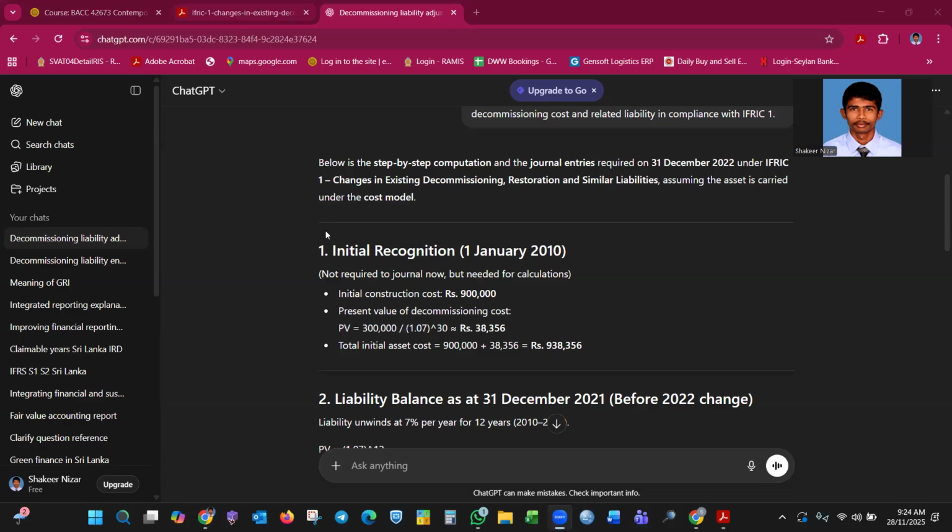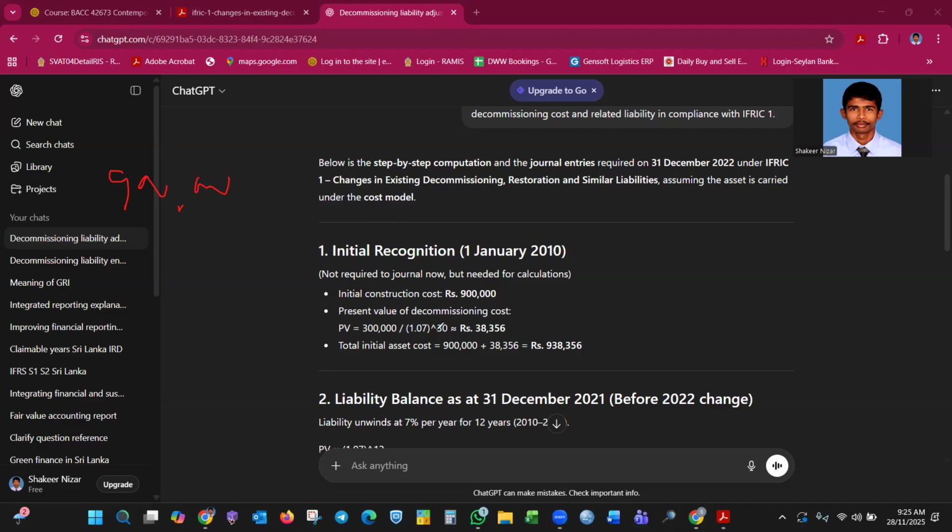You see that under the IFRIC interpretation, this decommissioning liability should be a part of the PV. It is in line with IAS 16. You need to refer to IAS 16 as well. So the initial cost is 900,000.